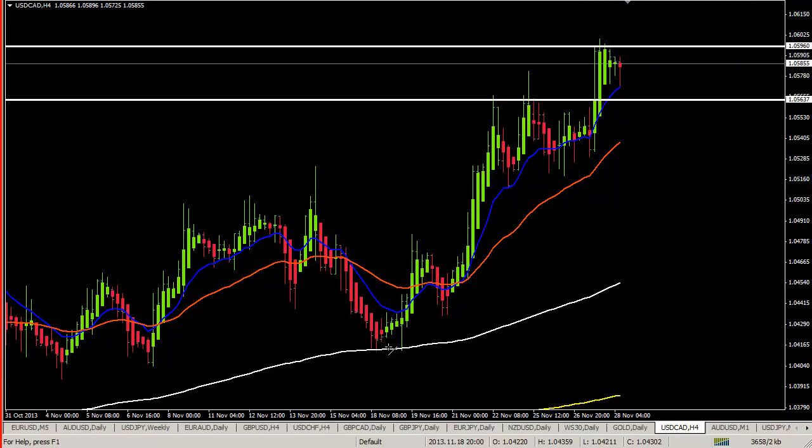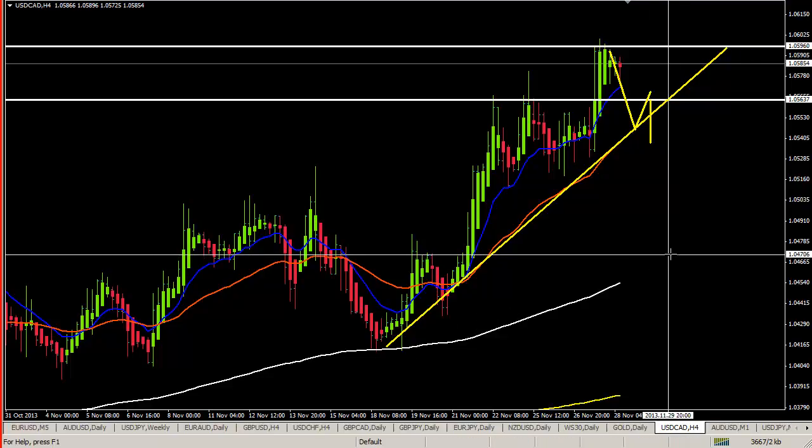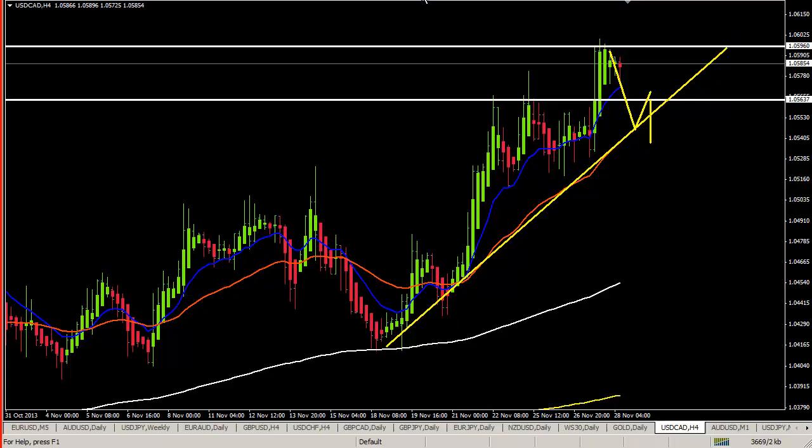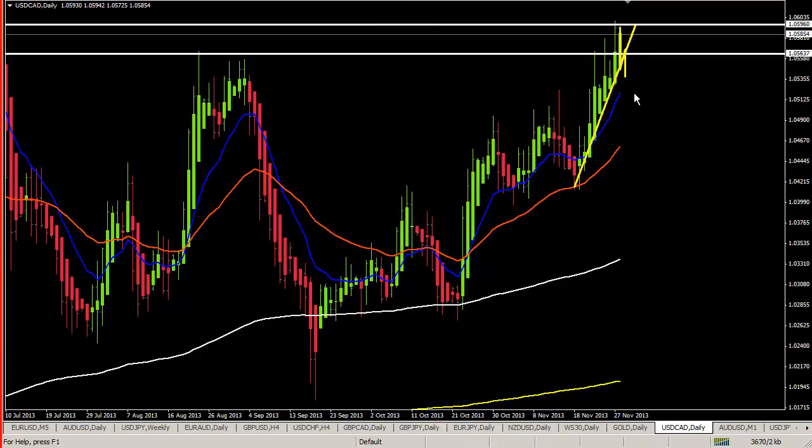Best for this pair is really a lower low first, and then a break, a red candle that would break the 36. This would confirm the shorts, okay? And then you can target the 200 here on the 4-hourly or the targets on the daily. Otherwise, it's really aggressive because it's still pointing up, okay? This will be the target then down here.